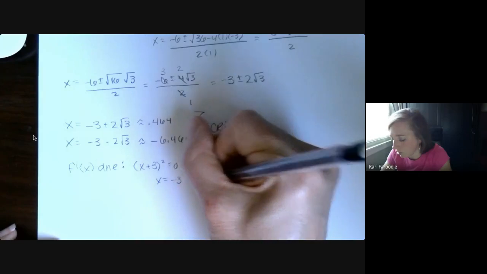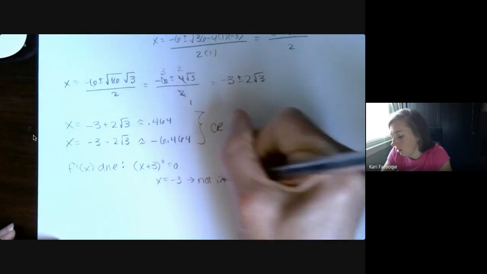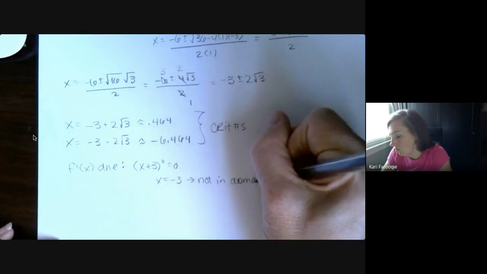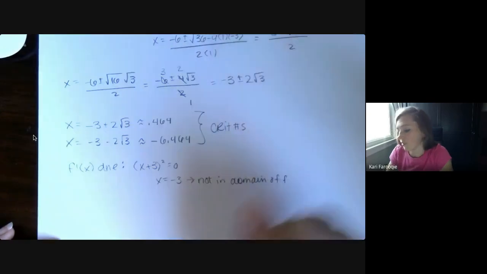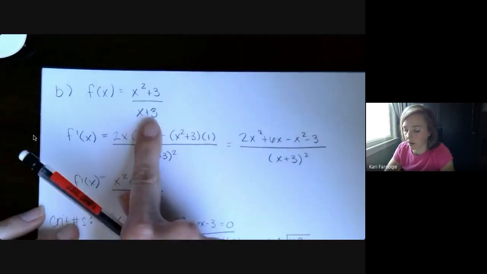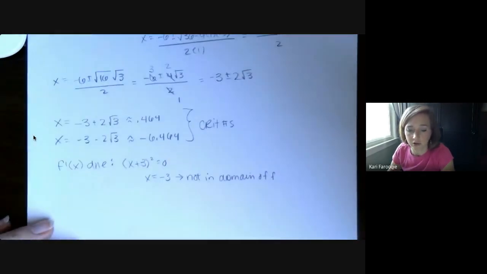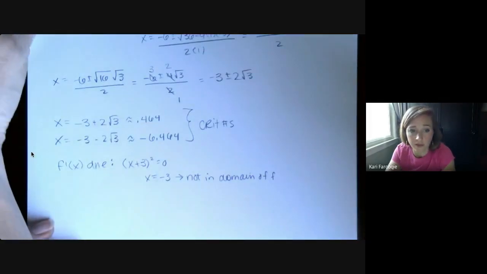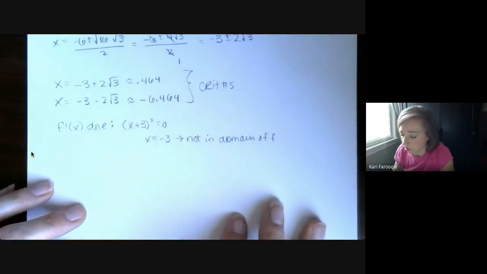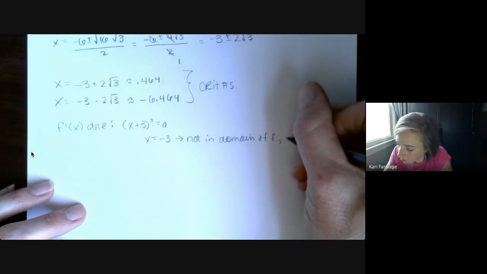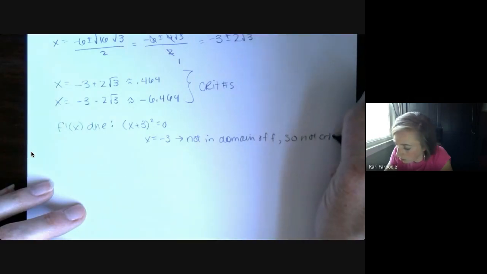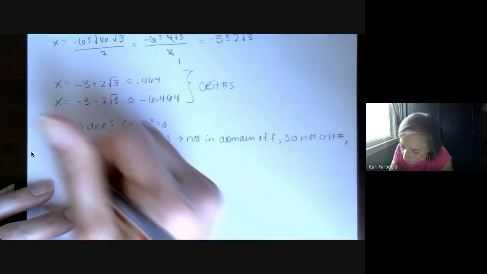However, x equals -3 is not in the domain of f. Looking at your function f, -3 is not in its domain. So we are not going to consider it a critical number. However, think about the fact that there's actually going to be an asymptote at -3. So I'm going to say it's not in the domain of f, so not a critical number.